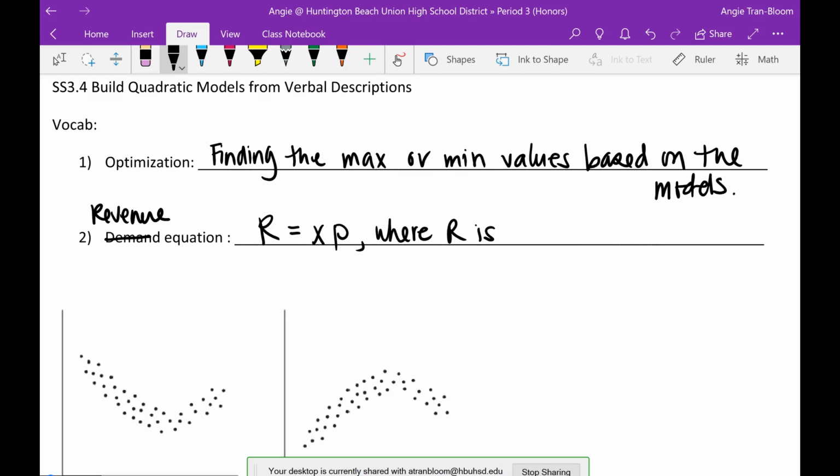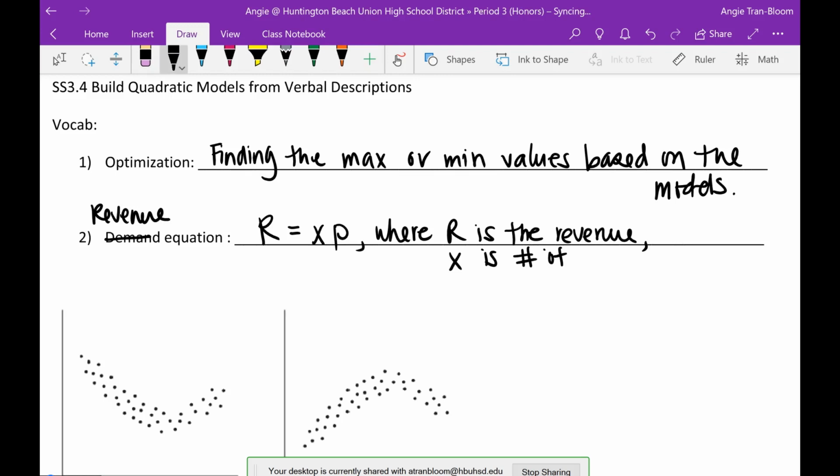R is the revenue. By the way, what is the revenue? How much money your business is taking in. Is that the same as profit? Not really. No. Revenue is profit and what? Cost, right? Okay. Where R is revenue, and X is number of units sold, because that's going to be confusing otherwise.